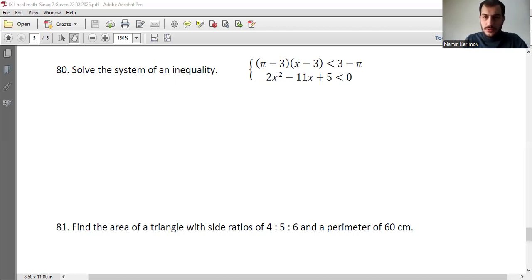And the other one, 2x squared minus 11x plus 5. Let's take negative 5 and negative 1 to find negative 11. So 2x minus 1, x minus 5. They are the factors. For the inequalities, it's better to find the zeros of the inequality, which are 1/2 and 5.